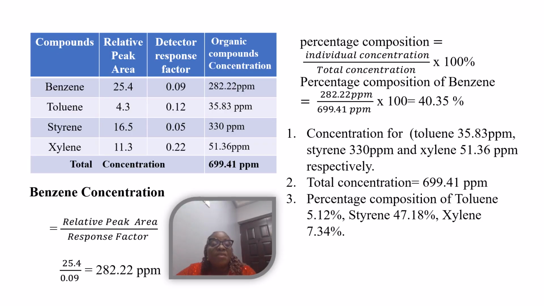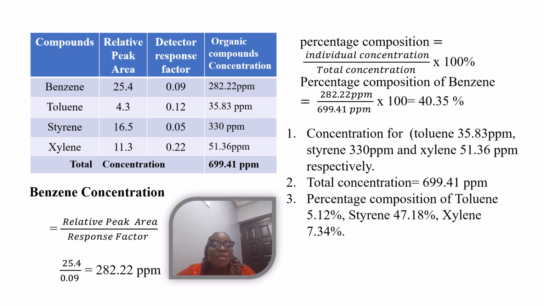Assuming you're given some organic compounds with their relative peak areas and detector response factor, and you're told to calculate their concentrations. For benzene, the relative peak area given here is 25.4 and the detector response factor is 0.09.